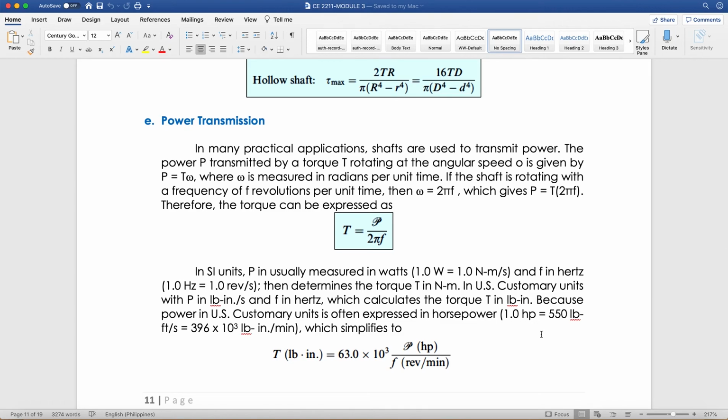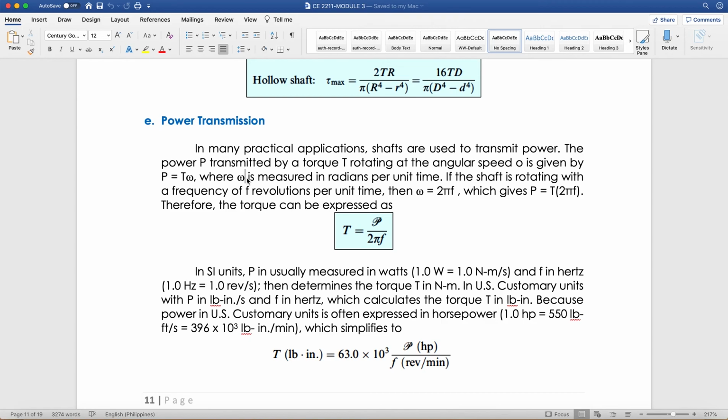Okay, so for power transmission, in many practical applications, shafts are used to transmit power. The power P transmitted by a torque T rotating at an angular speed ω is given by P is equivalent to torque times the angular velocity. I believe you're already quite familiar with this angular velocity from your hydraulics, you are taking up your hydraulics right now.